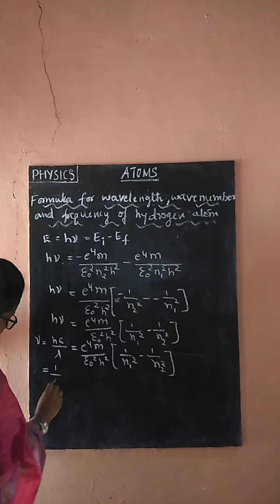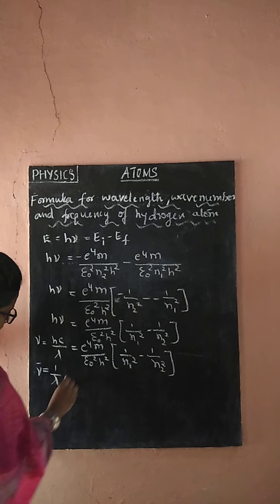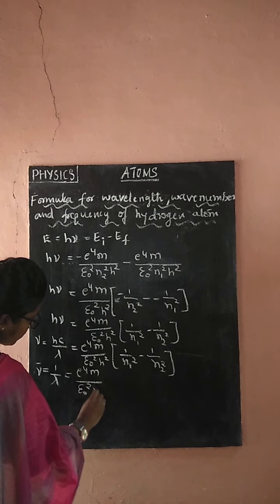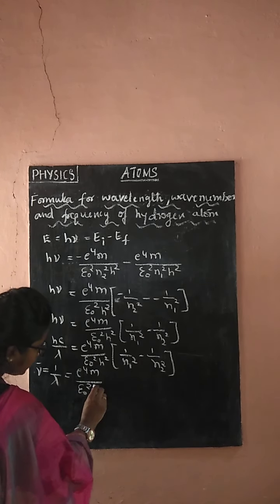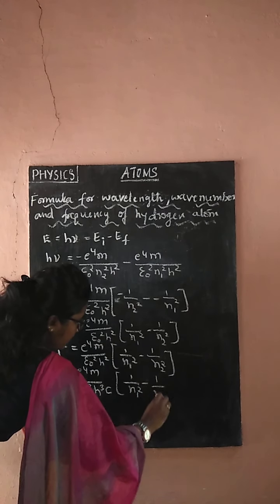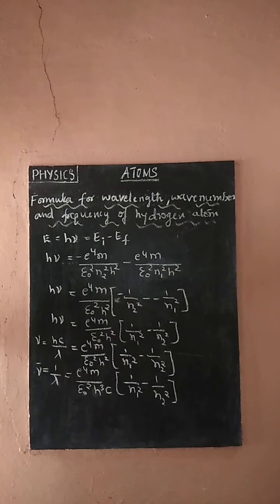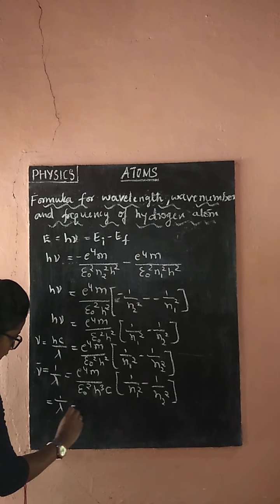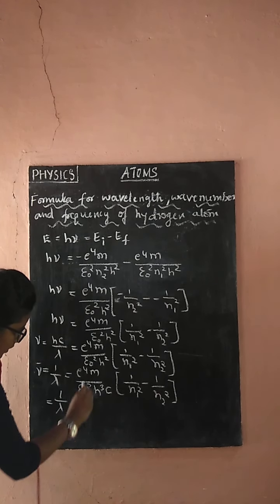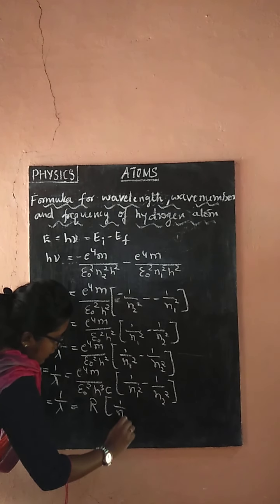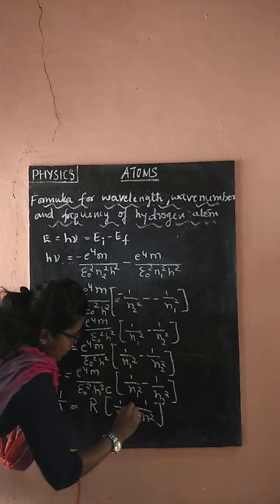And for 1 by lambda, that is nu bar, that is e to the power 4 m by epsilon naught square h cube c, since hc will be coming down, 1 by n1 square minus 1 by n2 square. So again I can write it, in the place of e to the power 4 m by epsilon naught square h cube c, as R, 1 by n1 square minus 1 by n2 square.